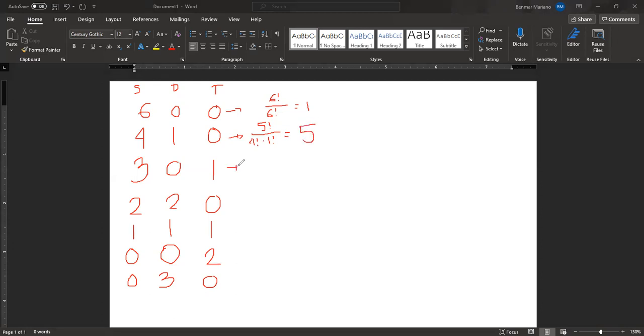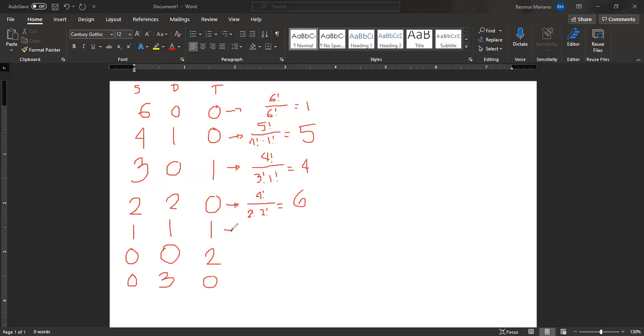Next, in here, add all the numbers. This is 4 factorial over 3 factorial times 1 factorial. So in this case, this is just simply 4. Next, add all the numbers. 2 plus 2, that is 4 factorial over the factorial of each number, 2 factorial, 2 factorial. So in that case, this is equivalent to 6.